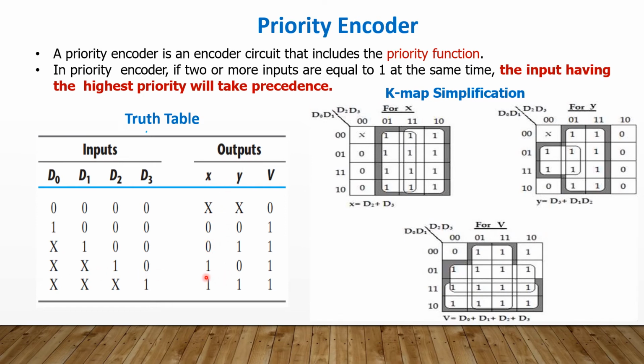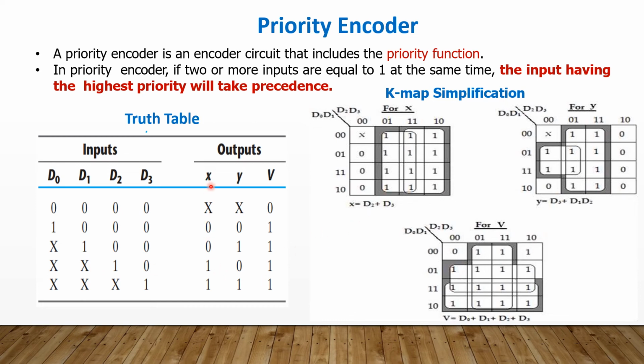So X is equal to 1 for the combination X, X, 1, 0, which means in this XX, as I told you, it may be either 0 or 1. Since two variables are unknown values, it will have the 4 combinations, that is, both may be 0, 0, or it may be 0, 1, or it may be 1, 0, or it may be 1, 1. So all 4 combinations have to be represented in the K-map.